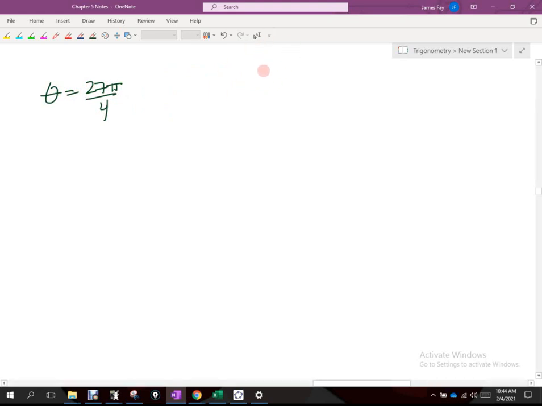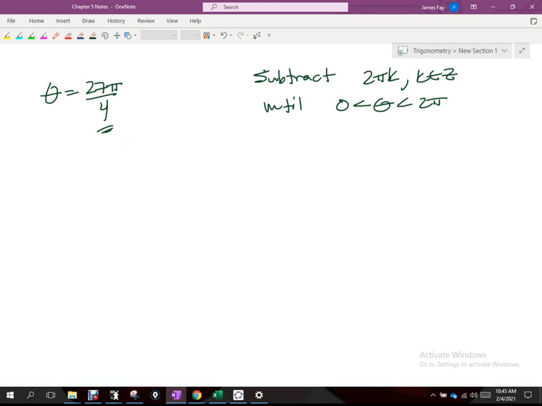So to find theta bar, we subtract 2 pi k, where k is an integer, until theta comes between 0 and 2 pi. Now, here's the issue. With fractions, subtracting fractions stinks if the fractions don't have a common denominator.